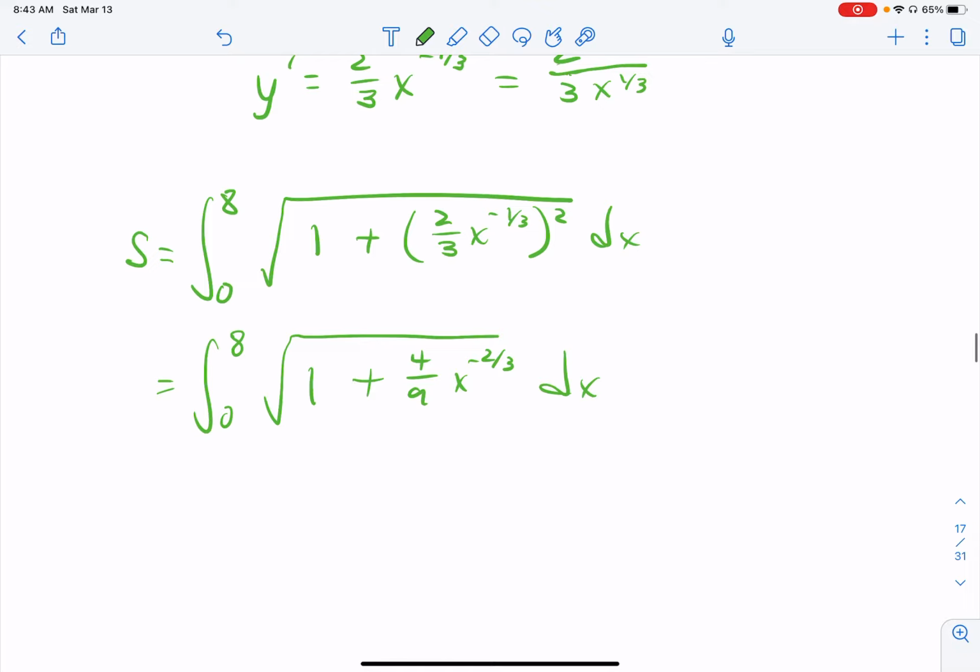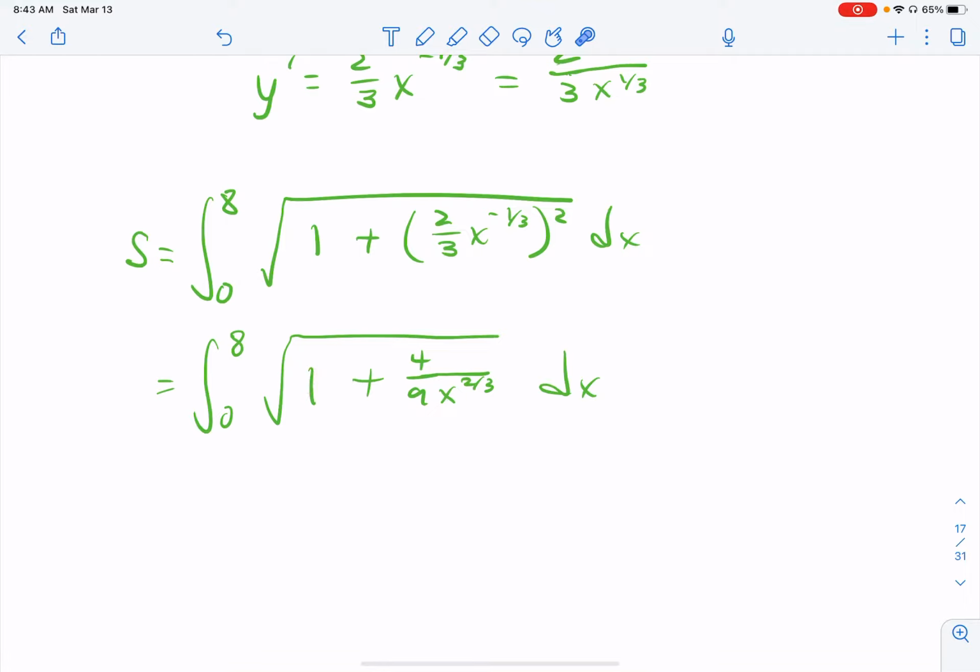At this point I probably need to bring this down to the bottom, and then see what we can do to fix this so we can take its antiderivative. Strategies: what if we get a common denominator between these two things? That one is simple enough.